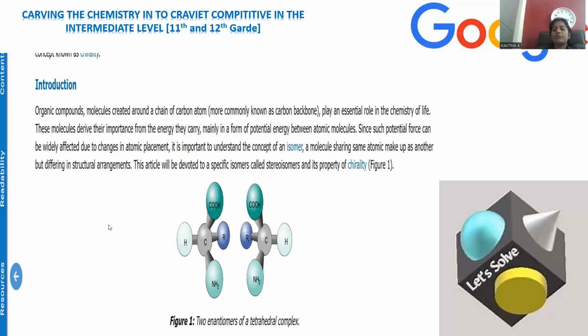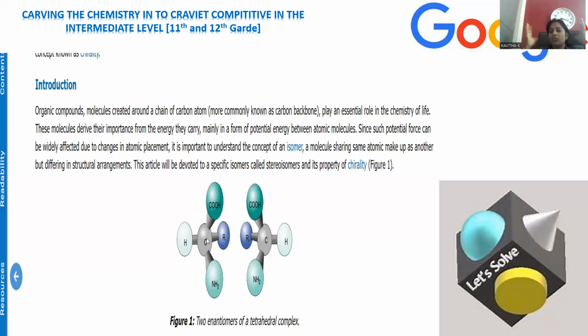If you observe both compounds, both look like mirror reflections of each other. If you put a molecule in front of a mirror, it looks exactly like the other molecule present. So both are mirror reflections of each other. If you put one molecule upon the other, what happens?